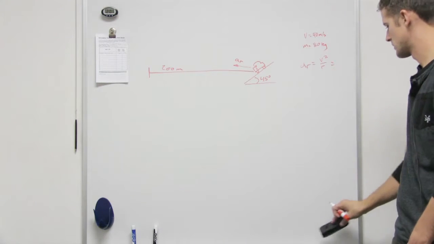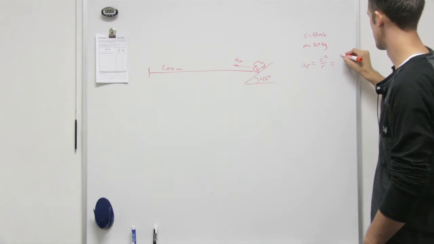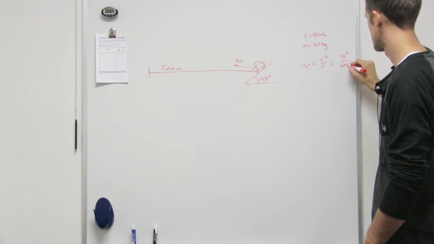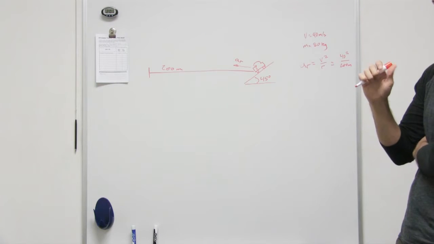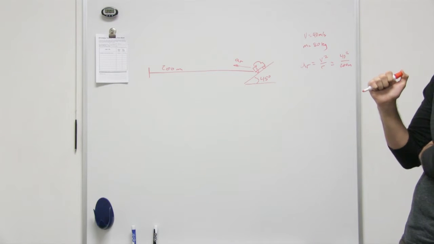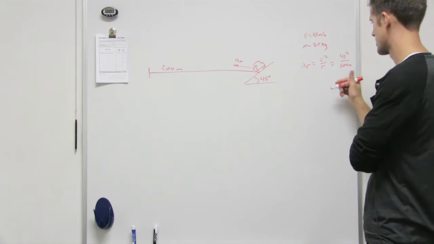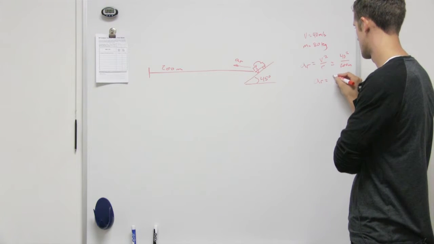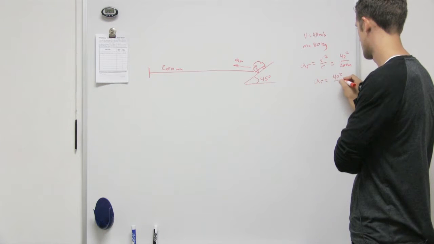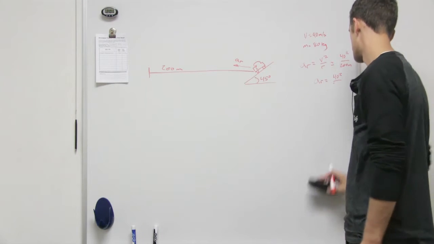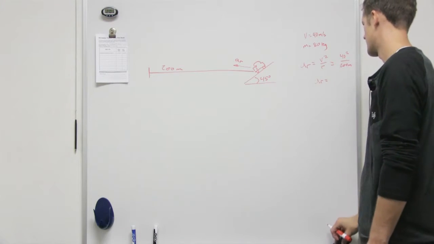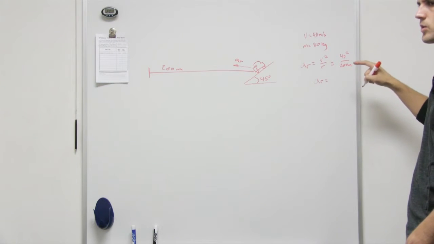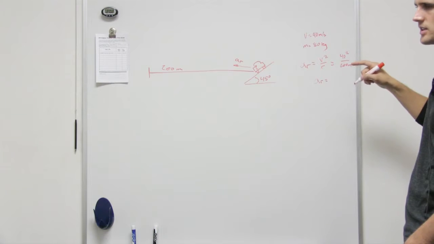So what we do is 40 squared over the radius. So this gives us our acceleration. 40 squared, 4 times 4, is 1600, yeah.